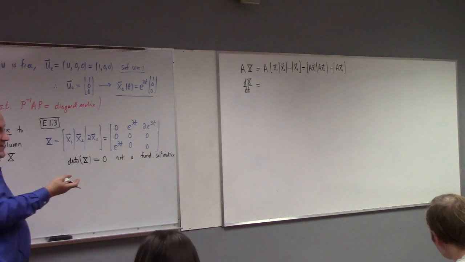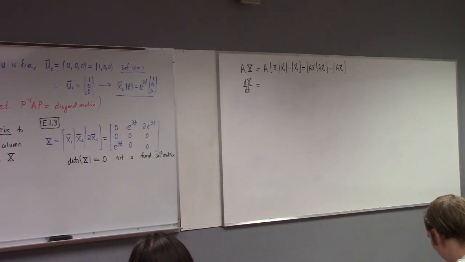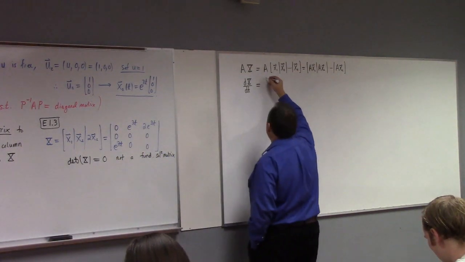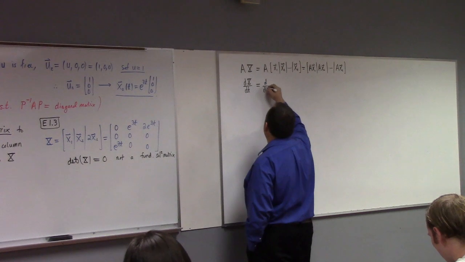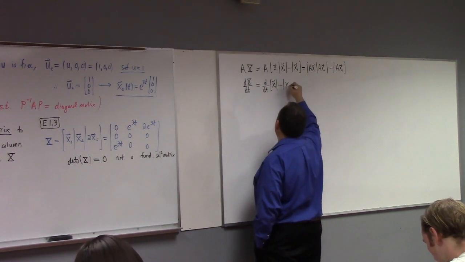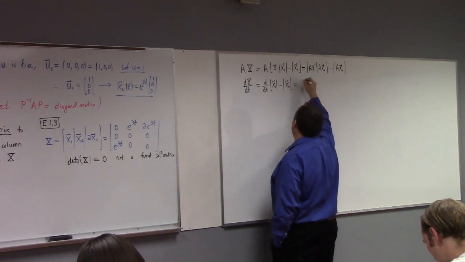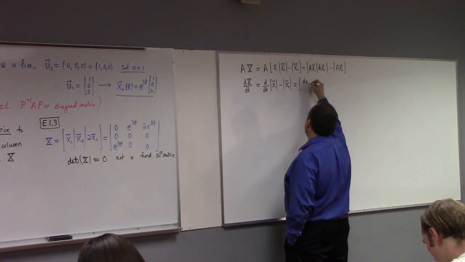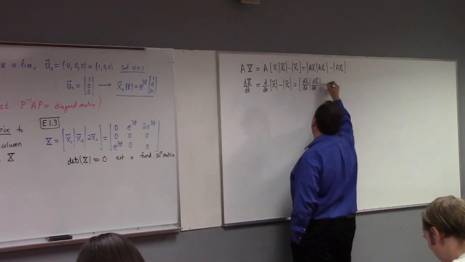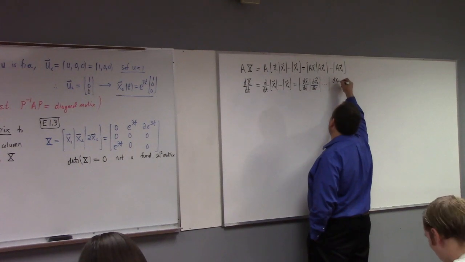So the derivative of a matrix should be simply the derivative of each component, right? That's how we differentiate a matrix. So if we differentiate a matrix formed by these n columns, we have the derivative of the first column, the derivative of the second column, through the derivative of the nth column.